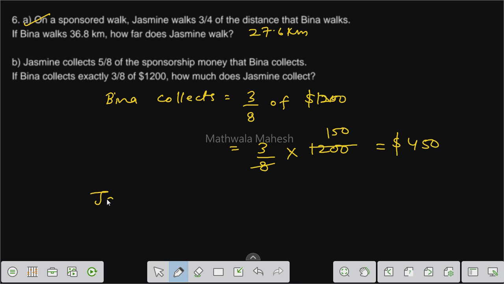Now Jasmine collects equal to 5 by 8 of Bina's collection.